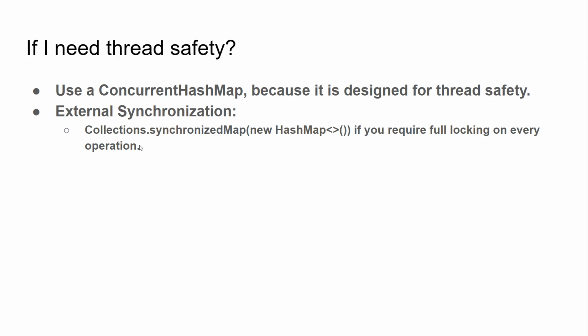And if you need full, complete locking, you use the synchronized map, because the ConcurrentHashMap is more efficient and it locks only the bucket, okay? After Java 8 it only locks the bucket, and the other buckets are free from locking. It works like that after Java 8, because before Java 8 it used segments, okay? I think maximum 16 segments. Alright?